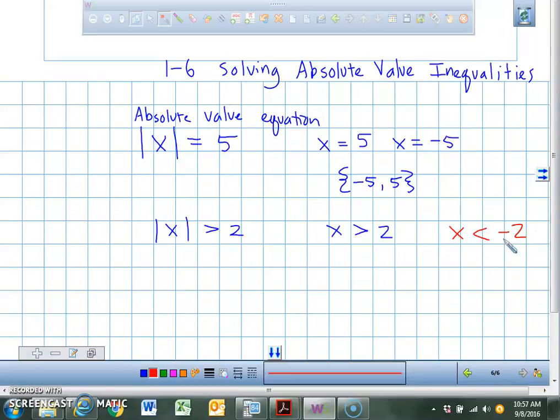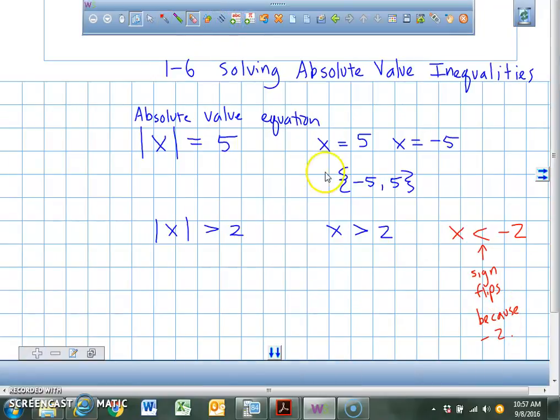And I said correct. Now notice what happened to this symbol? It flopped. This inequality sign flips or changes because of the negative, because you applied a -2. Because of the negative, the sign has to change.